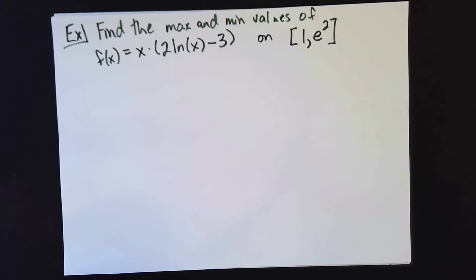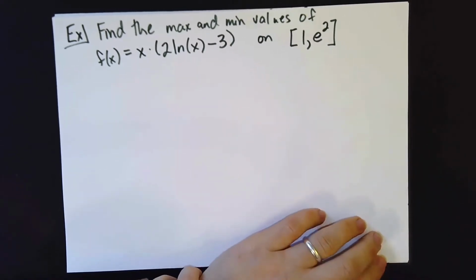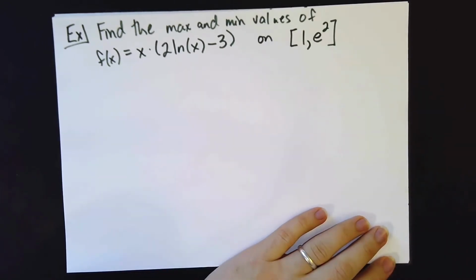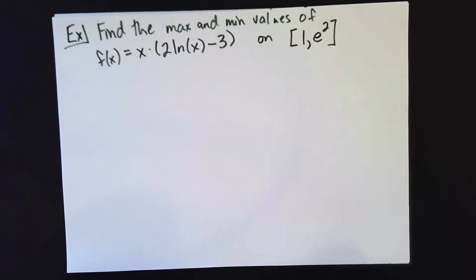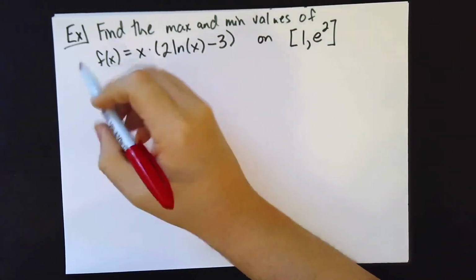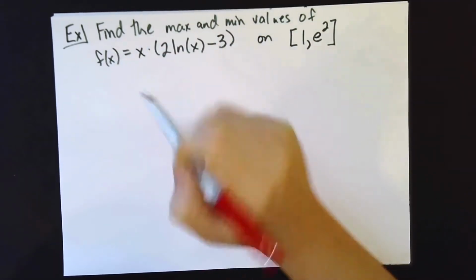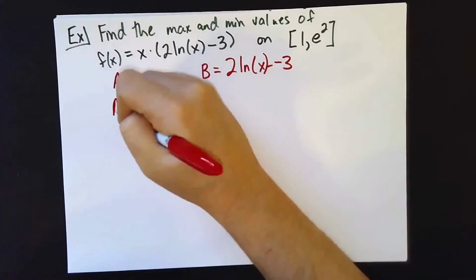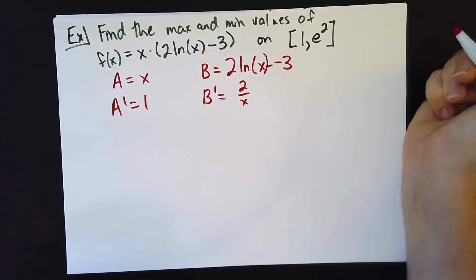Okay, so here's a closed interval method question where we have a natural log and a product rule that we have to do. So let's make sure we can follow the steps here. First things first, I still need the critical numbers. So I'm going to calculate the derivative, which is going to require using the product rule, like that.